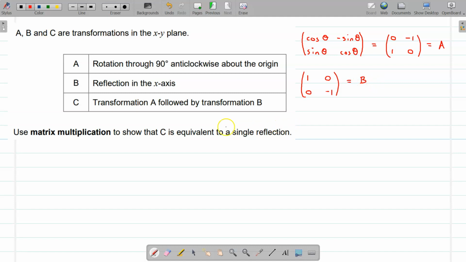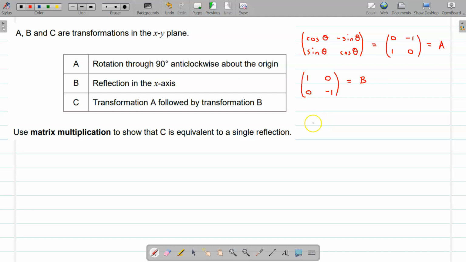And now it's saying if you do operation C, it's a transformation of A followed by a transformation of B. Now remember, to do this you need to put the matrices in the reverse order. So the A goes closest to the point that you're working on, and the B in front of it.